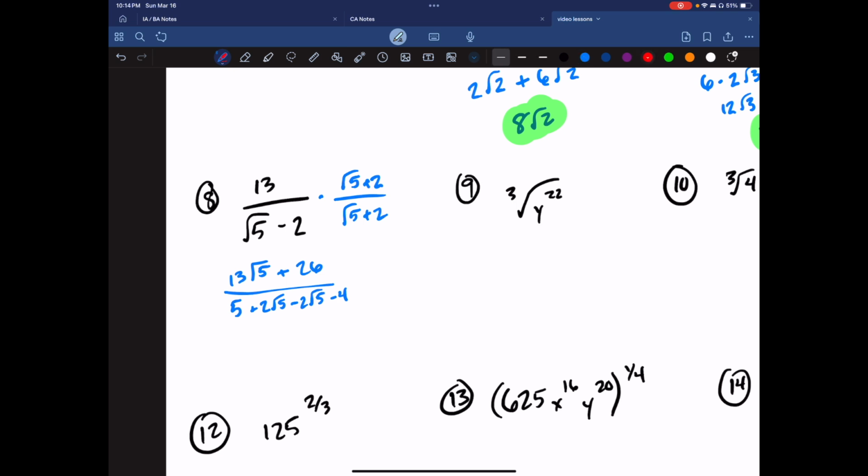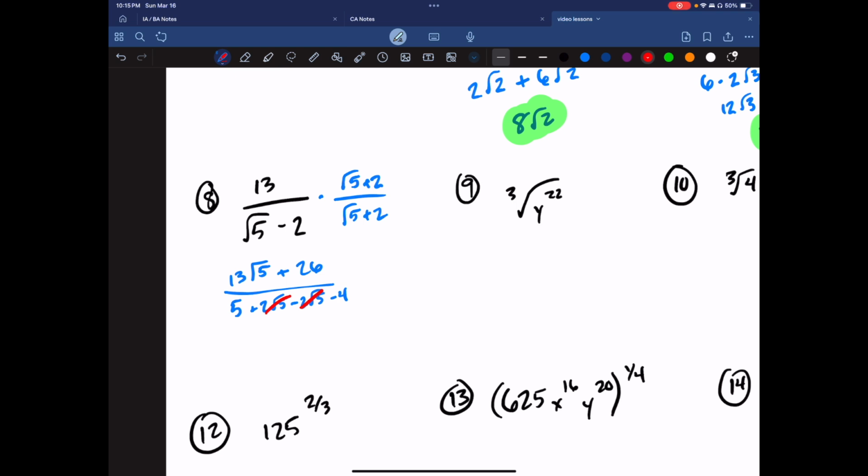Okay, so a couple things happen here. My middle term is going to fall out, which is the whole thing I was trying to say earlier with the whole difference of two squares situation. You're going to end up with no middle term. But the beautiful thing about the conjugate situation is it knows about all this. It's going to get rid of your middle term, and you're going to end up with a whole number.